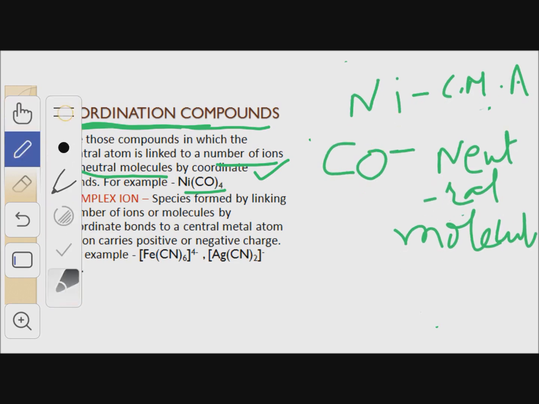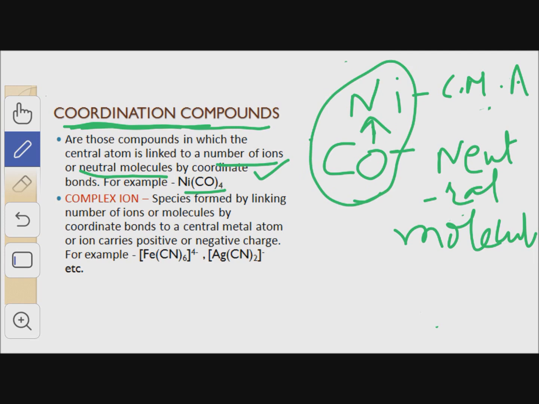Here CO is linked to nickel by the coordinate bond, and this forms the coordination compound having the formula Ni(CO)4.